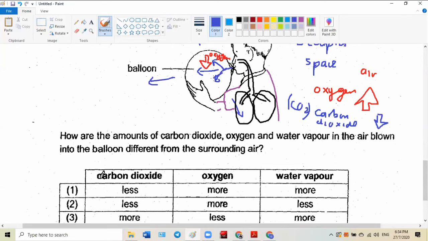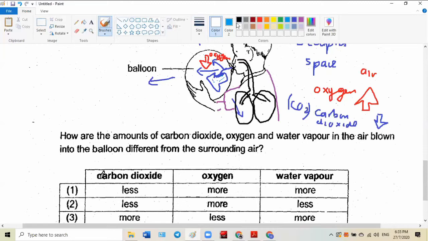You know why? Because his body uses up oxygen and blows out a lot of carbon dioxide. His body used up the oxygen, yes, and breathes out carbon dioxide. That's why there's a lot of carbon dioxide. Do you understand what I'm saying?